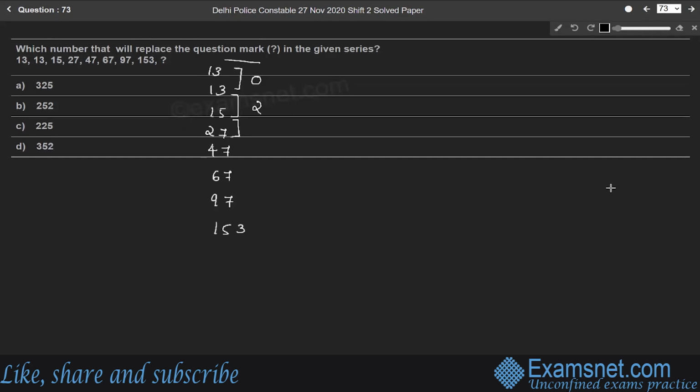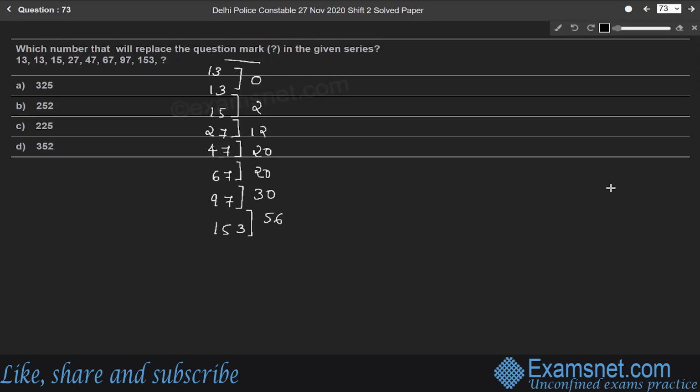Next two numbers, it is 12. Next two numbers, it is 20. Next two numbers, it is again 20. So 67 and 97, the difference is 30. And the difference between 97 and 153 is 56.